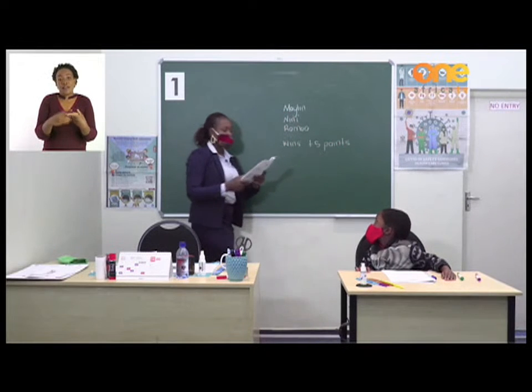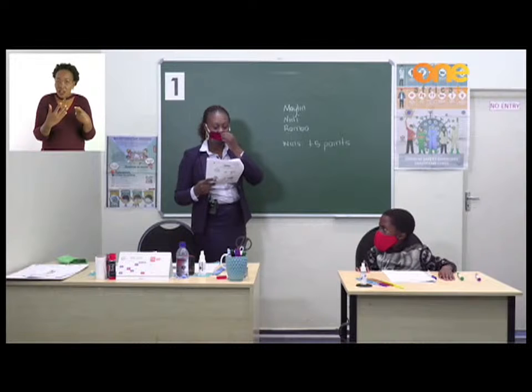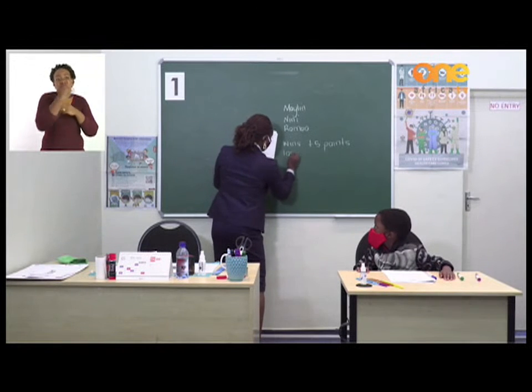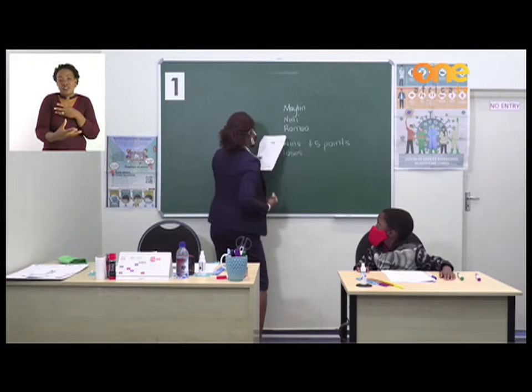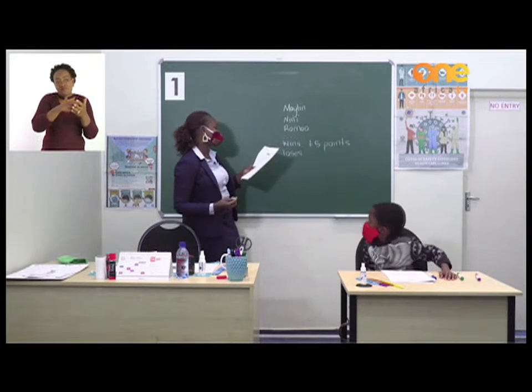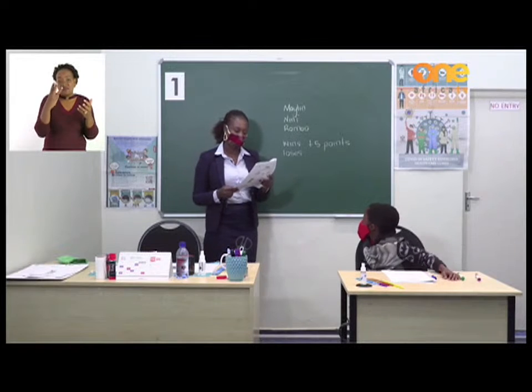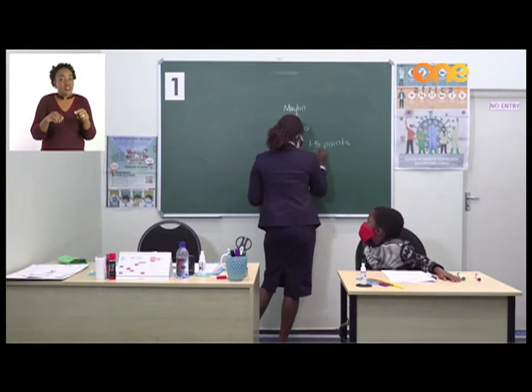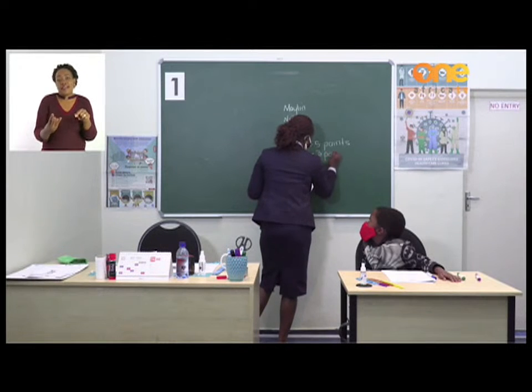Okay. If a player loses a game, we write lose or loses. The player has 3 points taken away, which means minus 3 points.